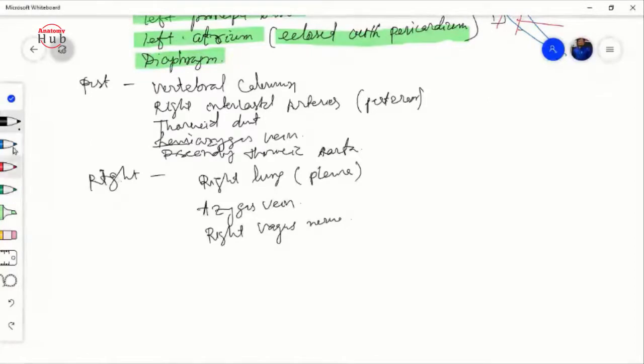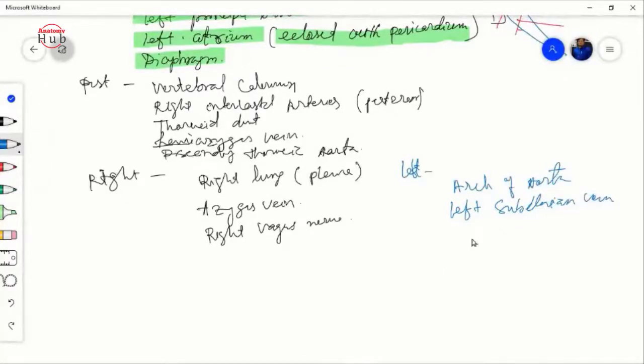Like that, what are the things present at the left side, okay. Don't pay attention to my handwriting. On the left side what will we find? We'll find the arch of aorta, okay. Then we'll find your left subclavian vein, okay. Then you'll find thoracic duct.